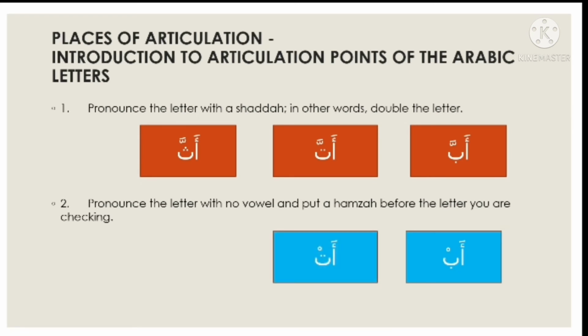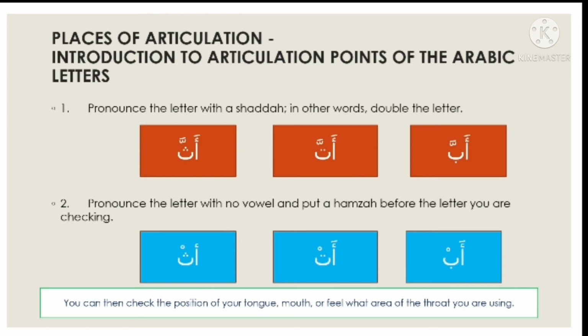If you want to check the letter ta, you will do the same thing. You will put a sukoon on the ta and you will place hamza before it and you'll connect the hamza to the ta. So it will sound like at. And for letter tha, it will sound like as. And you can repeat this same process with all the Arabic letters.